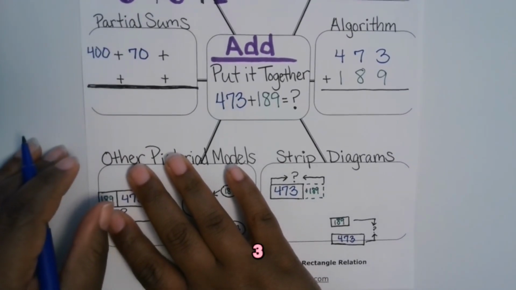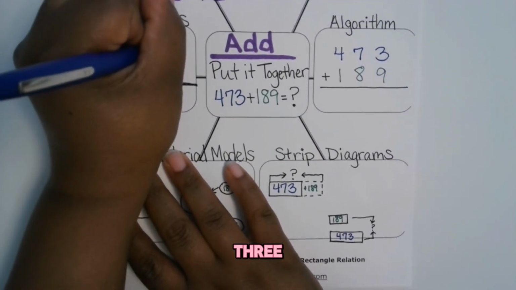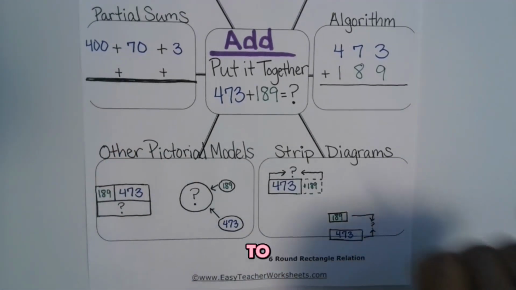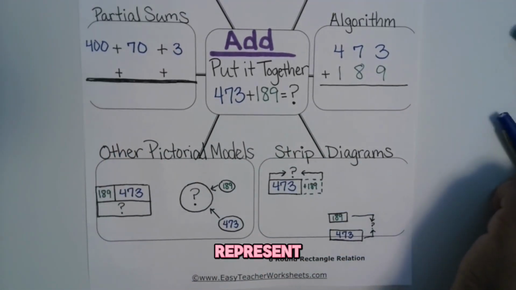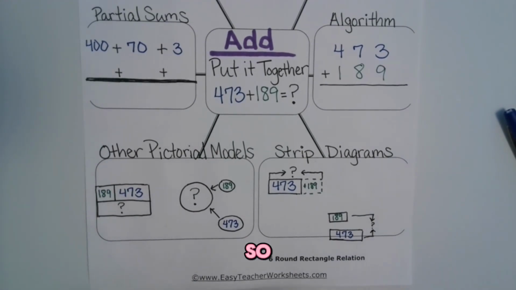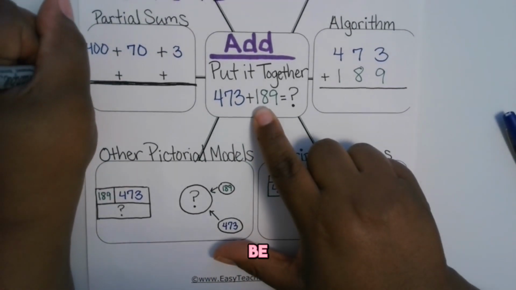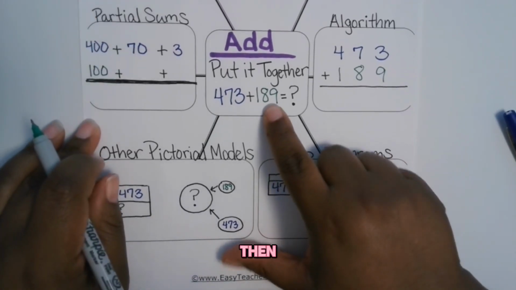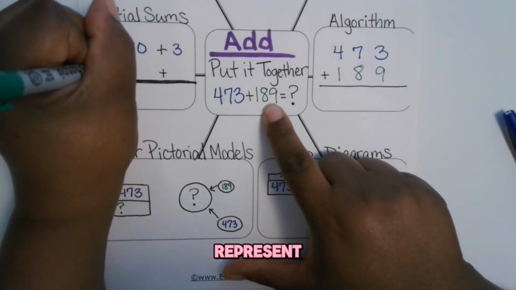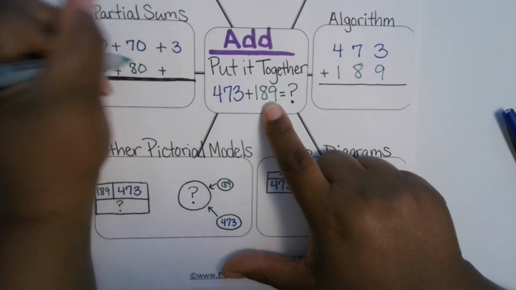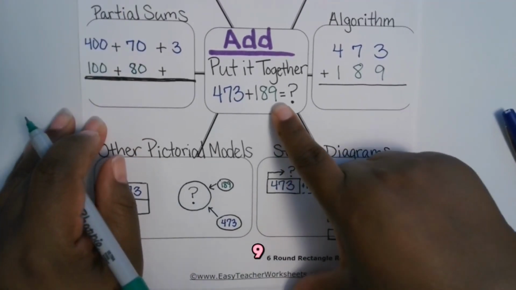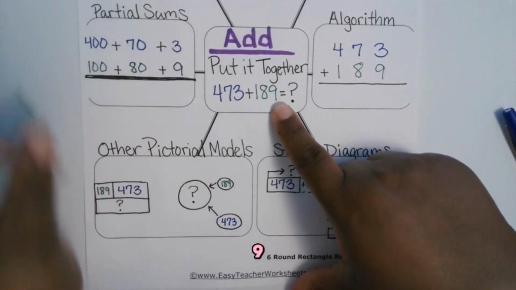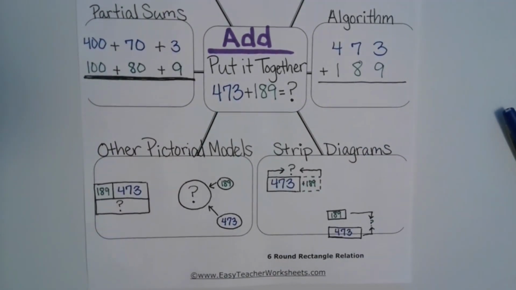And then a 3 in the ones would have a value of 3. Now I'm adding that to the values that represent 189. So a 1 in the hundreds place would be 100 as a value. And then 8 in the tens would represent 80. And then 9 in the ones would be represented by the number 9.